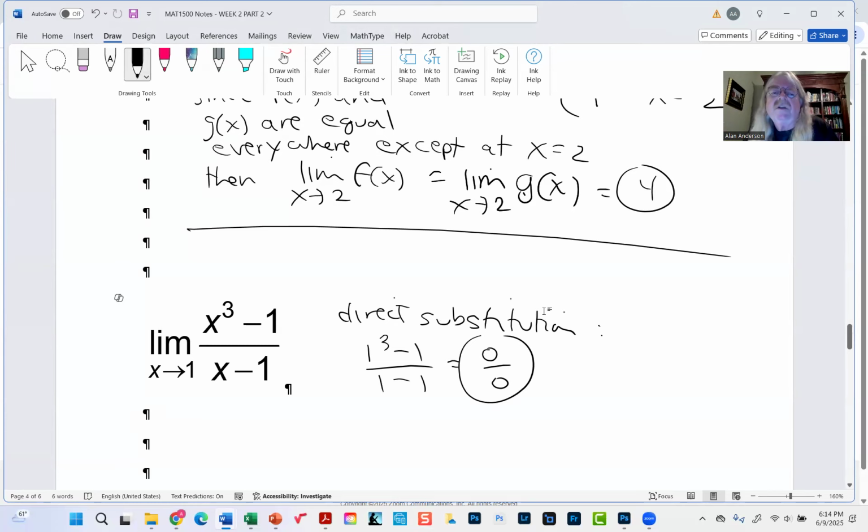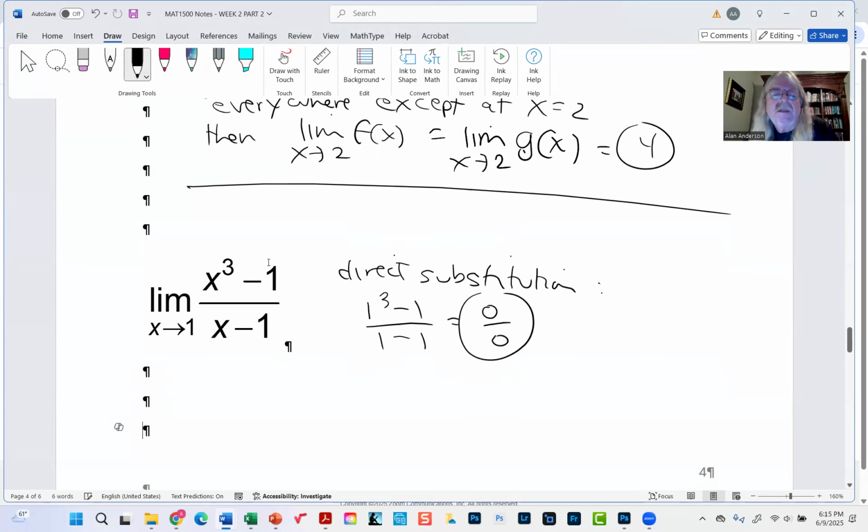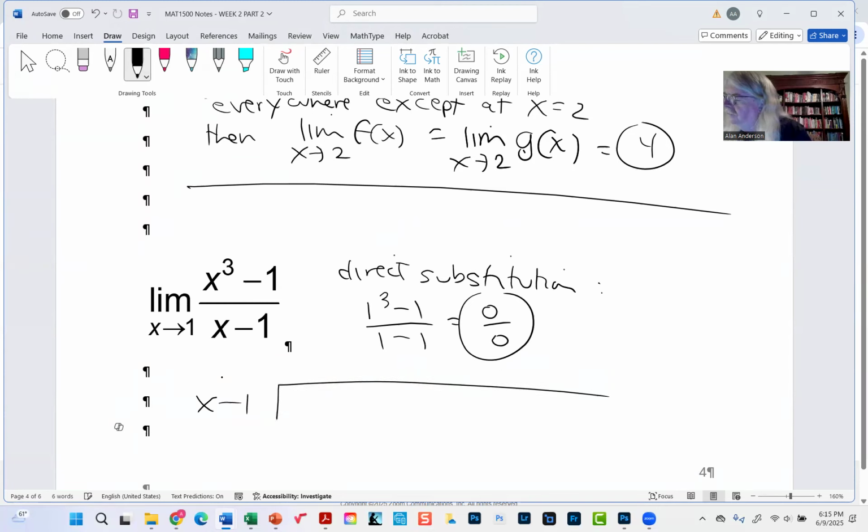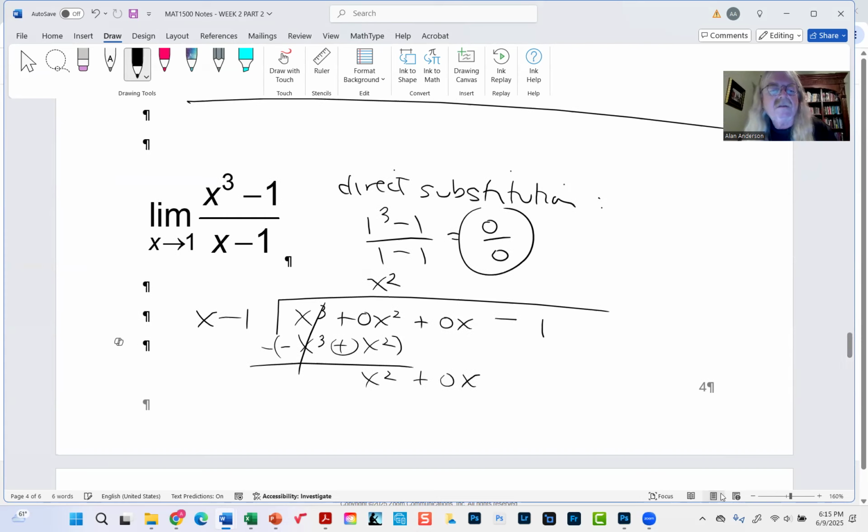So what they're telling us is, here's what we can do. We can cancel, we can factor. And if you do the long division, let me just quickly run through this.